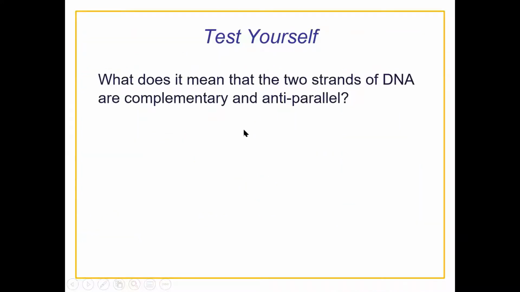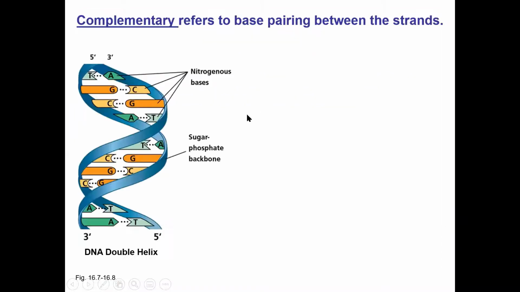The first part to consider about DNA structure is, what does it mean that DNA strands are complementary and anti-parallel? Those are important concepts, so before we go on, I want to review those two things. Complementary: what does complementary mean? It means that we have our base pairing.